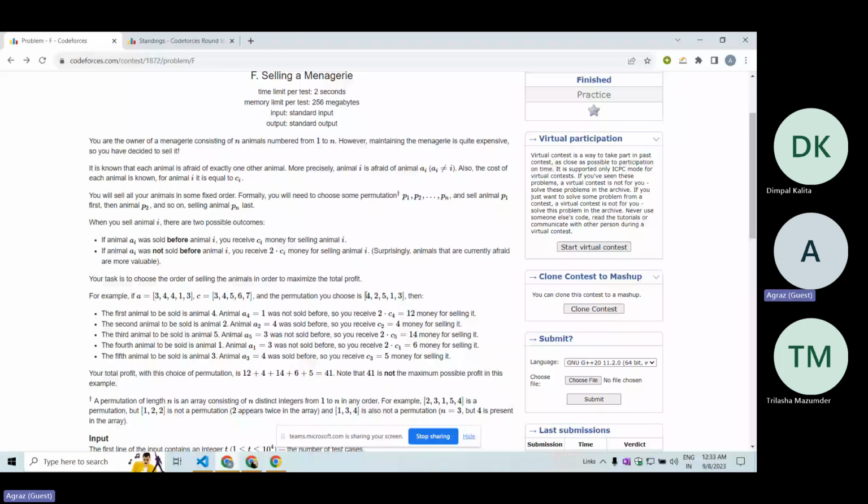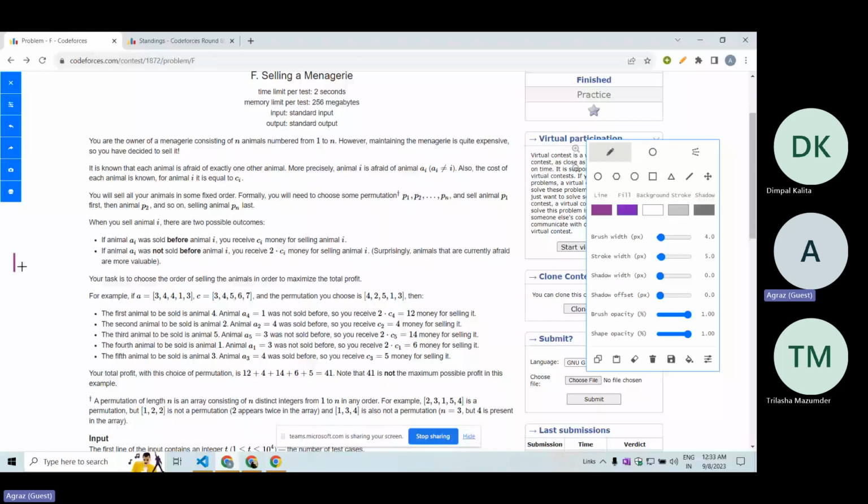This question becomes very easy if we think of it as a graph. In the directed graph, 1 is afraid of 3, 2 is afraid of 4, 3 is afraid of 4, 4 is afraid of 1, and 5 is afraid of 3.